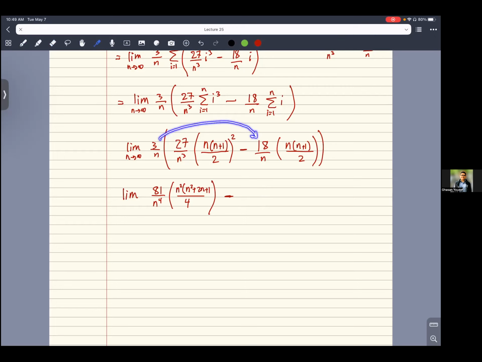What is 3 times 18? 54 over n squared, and after expanding, n squared plus n over 2, when n goes to infinity. So far so good? Any questions so far?